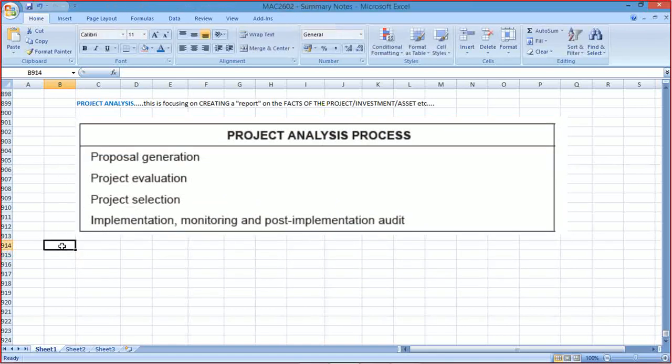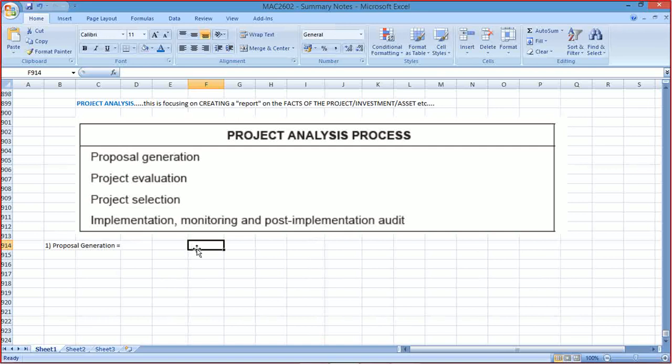Okay, so let's talk about the project proposal generation. Let's talk about cameras. Proposal generation, what's the proposal?